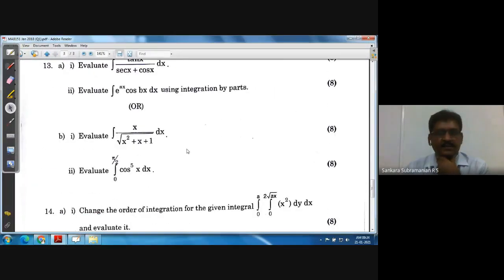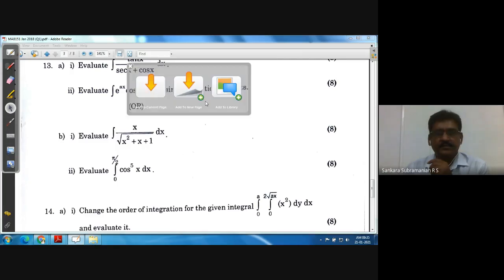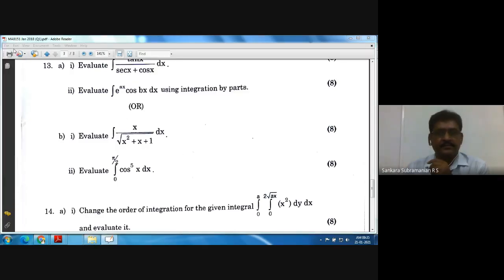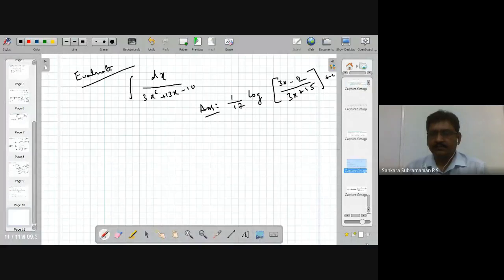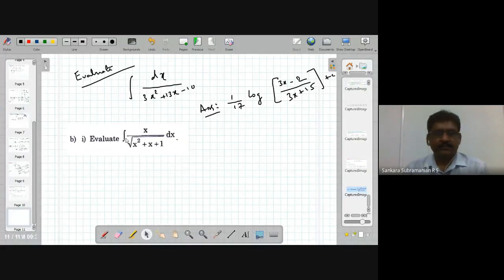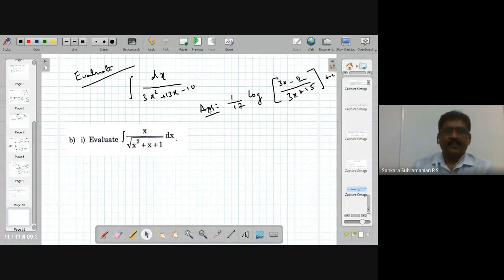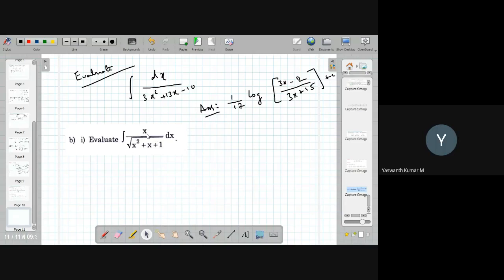Yes, of course, this is evaluate integral x by square root of x square. You can also try this problem. Which one can we do? Shall we do this university question problem? Sir, first one, sir.